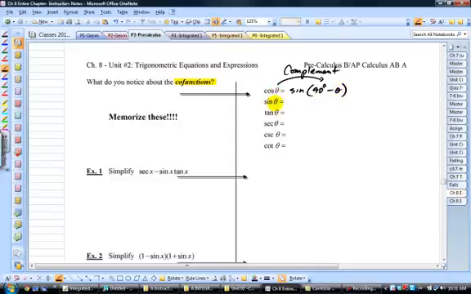Now the sine of theta is equal to the cosine of its complement, 90 minus theta. In radians, this would be pi halves, if you want to do it in radians. I'm not going to write everything out in radians, but you can express these identities in radians if you like. Tangent theta is equivalent to its cofunction cotangent evaluated at the complement. Secant is equal to cosecant of 90 minus theta.